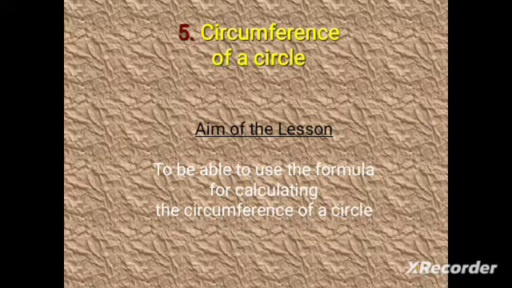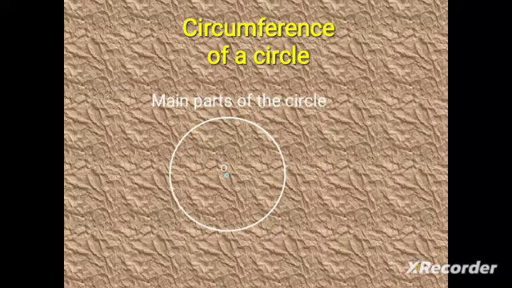Our next part of this topic is the circumference of a circle, and here we intend to use the formula for calculating the circumference of a circle in tackling some of the questions given.